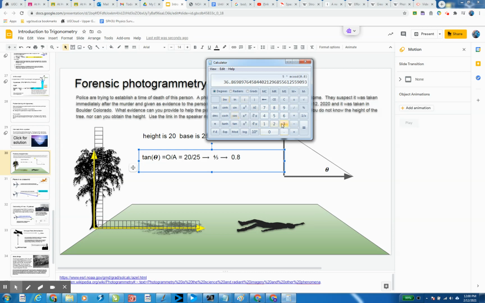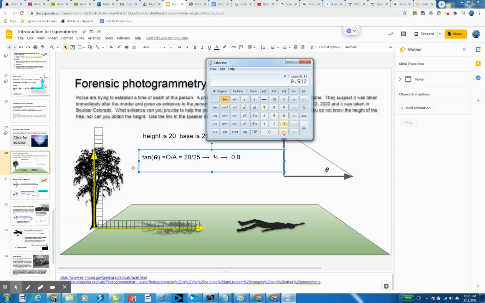Get the same answer. 0.8 inverse, hit tanh, a different function. Okay, you get 1.09. Inverse, accidentally hit this key. You get 0.512. So it's very easy to get wrong angles on this, but seriously, this triangle is nearly 1-to-1. The answer should be around 45 degrees.